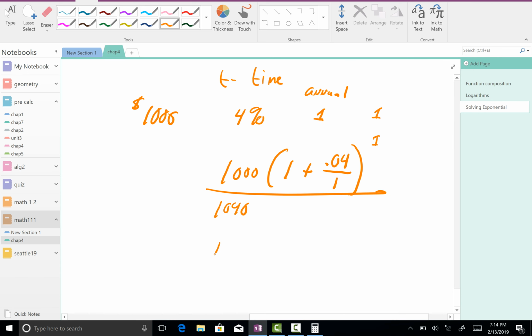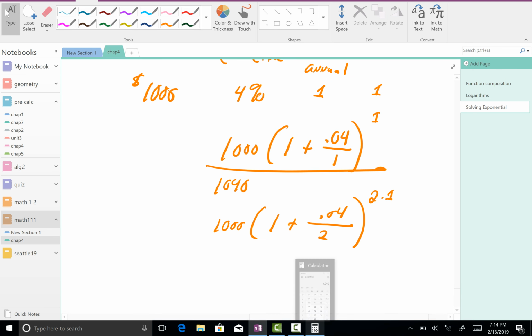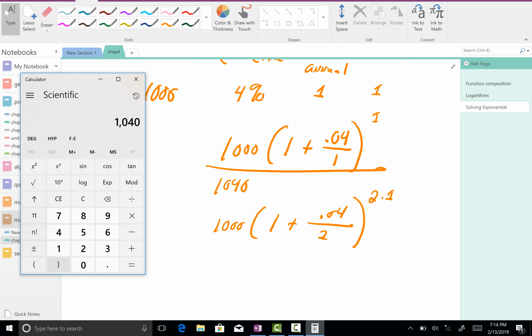So the idea is, what would happen if we keep the rate the same, but we change the number of times it's being compounded to a different value. So another one would be semi-annually, which would be twice a year. So we put that there, and then 2 times 1. All right, so we would do that. So I'm going to clear that out.